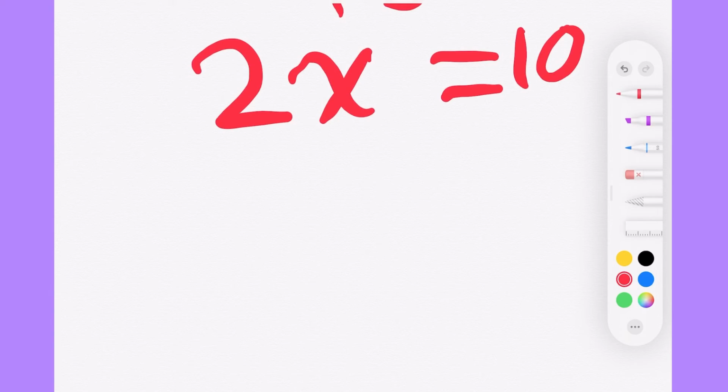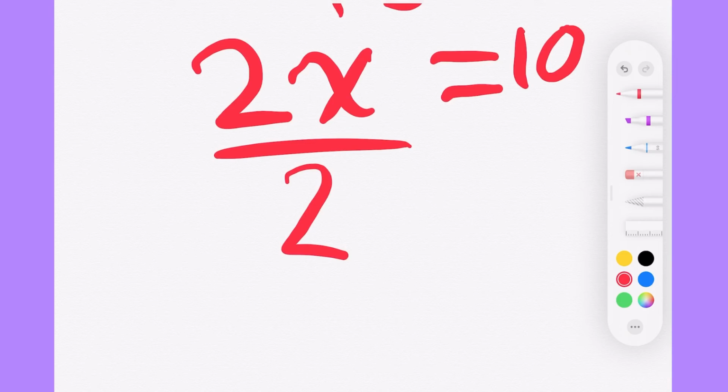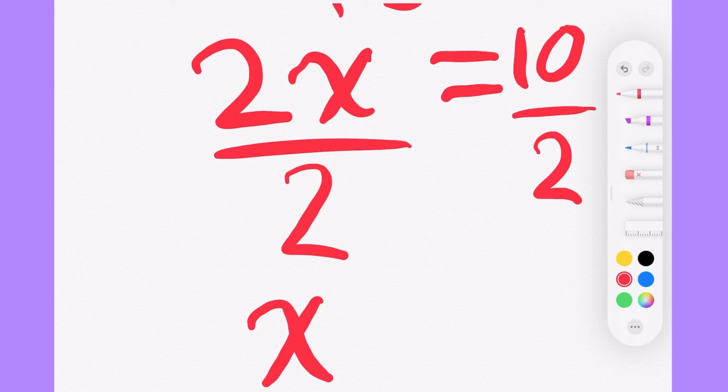And 2x equals 10. 2x, as I said, we do dividing, so 2x divided by 2, the same number, equals 10 divided by 2. 2x divided by 2, it's of course x, and 10 divided by 2, it's 5, and this is the answer.